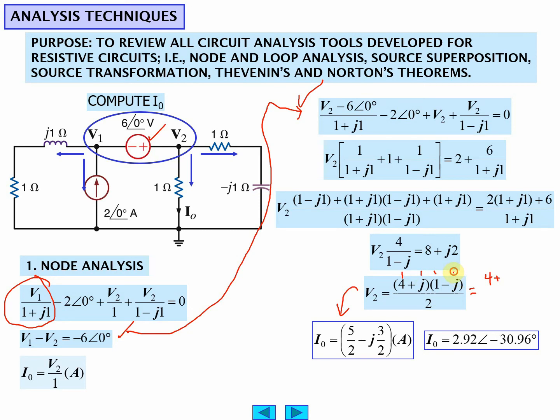Last would be j times negative j, which is a real number, positive 1. And then the rest of them are complex. So we'll do outer and inner. So outer would be negative 4j, and inner would be 1j. All over 2. So that's 5 halves. The real part's 5 halves. The imaginary part is 3 halves. So I'm convinced now. And then you convert it to an angle.